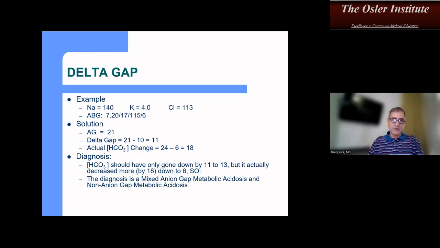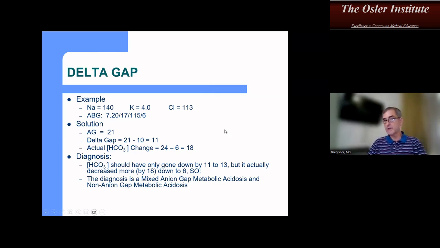So if you use just straight math, you calculate your anion gap, it's 21. If you calculate the delta gap, it's 21 minus 10, which is 11. And so 11 should approximate the change in bicarb.